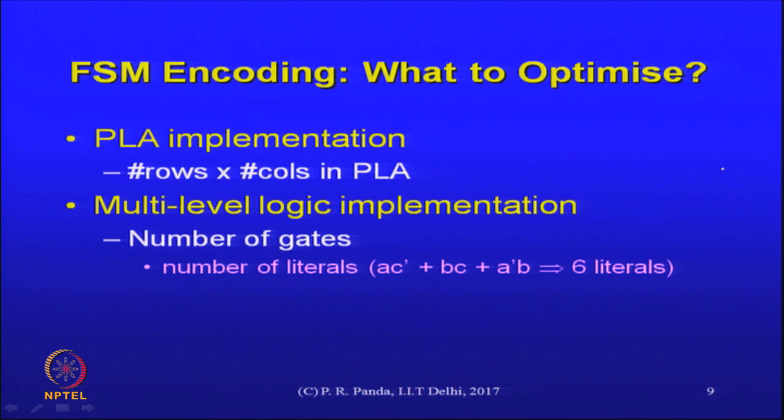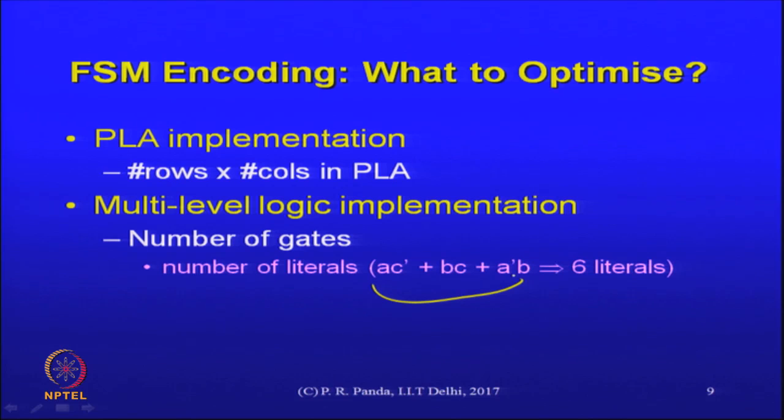Ultimately, there are some Boolean expressions that are generated, and our choice for encoding has to be based on which Boolean expression is better. I have some expression like this and some other expression, maybe they are all equivalent logically to each other, but they are not all equivalent with respect to implementation if you were to later translate them.